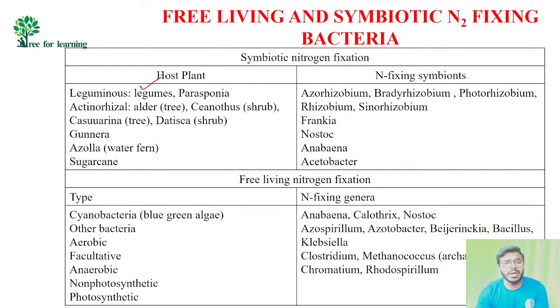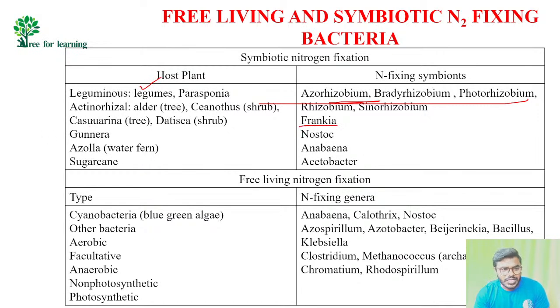You all people commonly know that especially all the leguminaceae plants will be associated with what kind of bacteria, friends? Obviously, they will be associated with rhizobium. Azorhizobium, Bradyrhizobium, Sinorhizobium, Photorhizobium, all this. Frankia, whatever I am marking, at least try to remember, otherwise remember all.